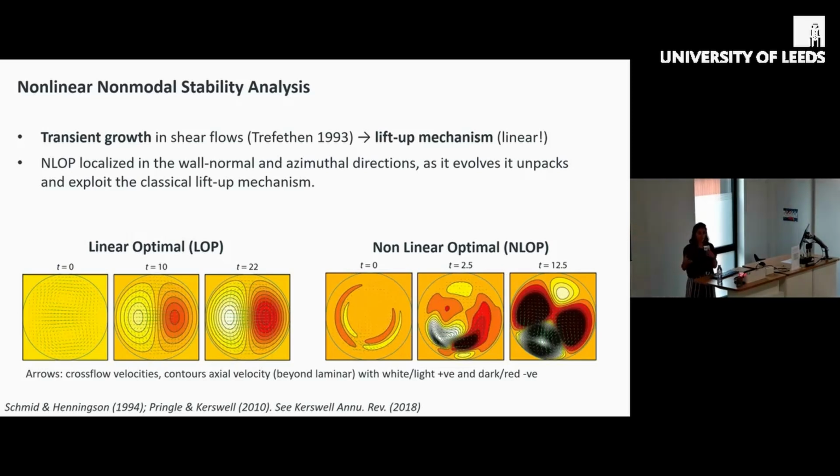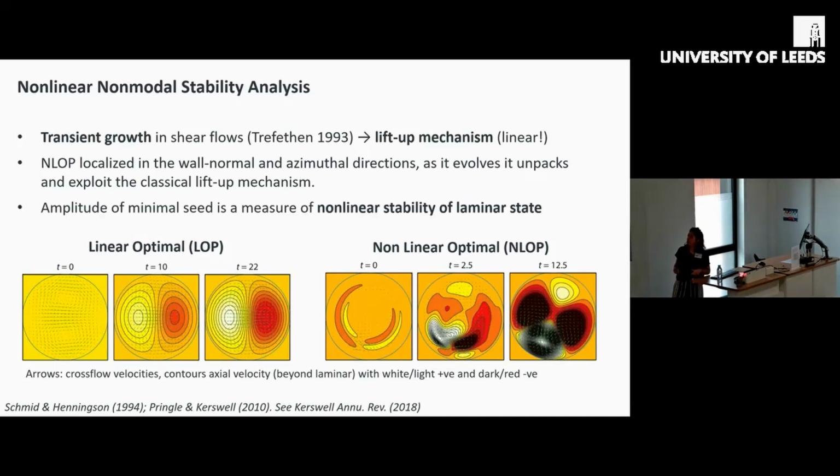But in this case, these different linear mechanisms are coupled nonlinearly to give rise to the largest growth. So this nonlinear optimization problem, coupled with a search over the initial energy, gives us the minimal disturbance that can just trigger turbulence, and it also gives us a measure of the nonlinear stability of the laminar state in the form of this critical amplitude of the minimal seed.